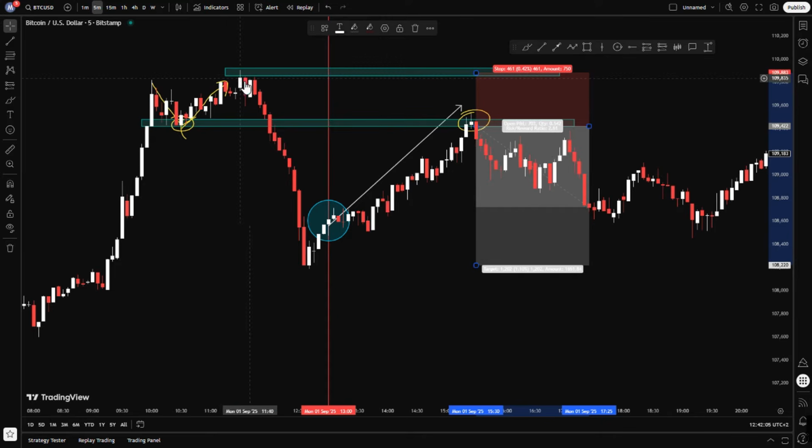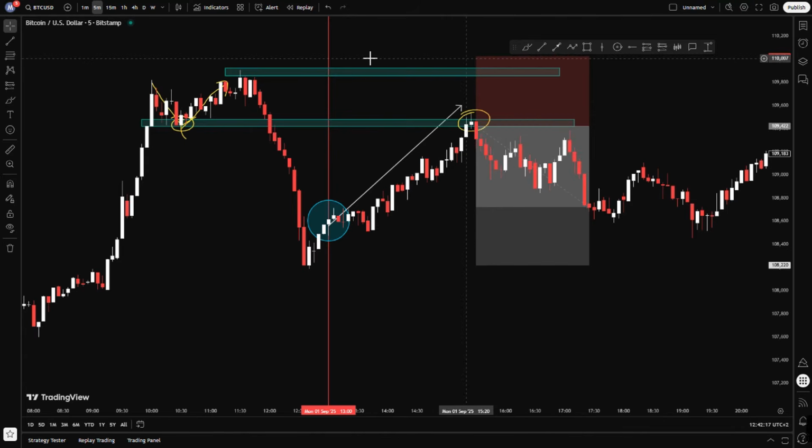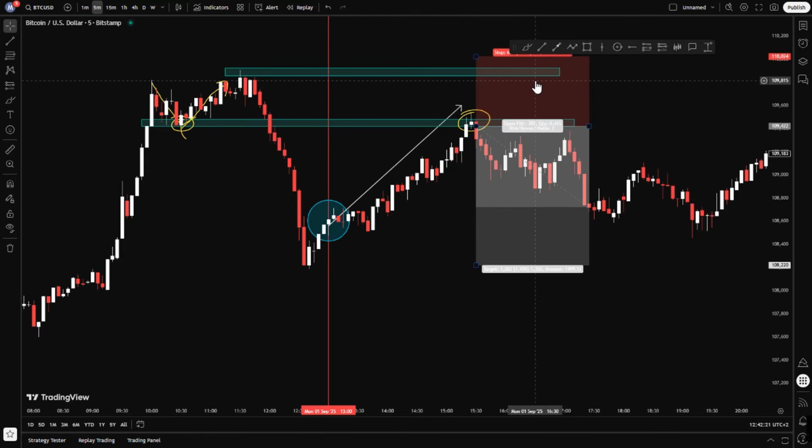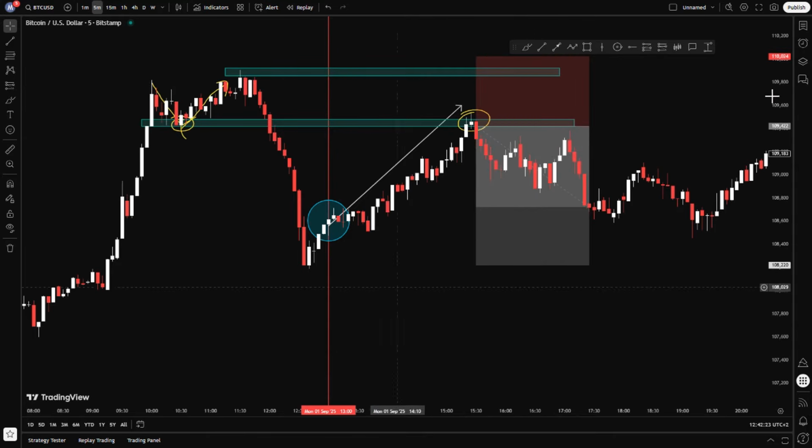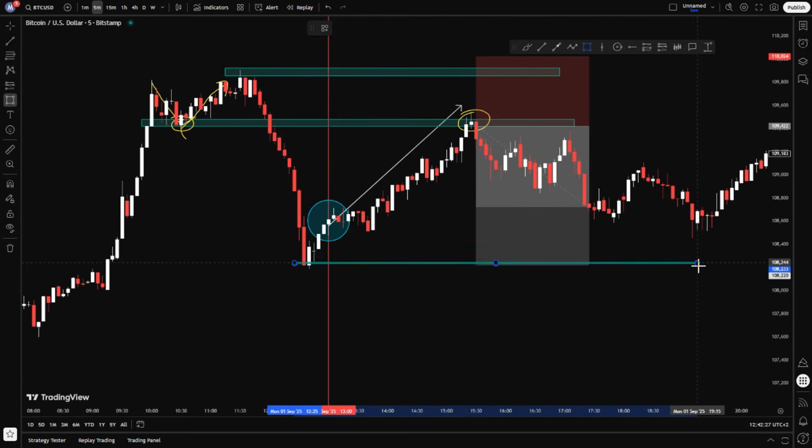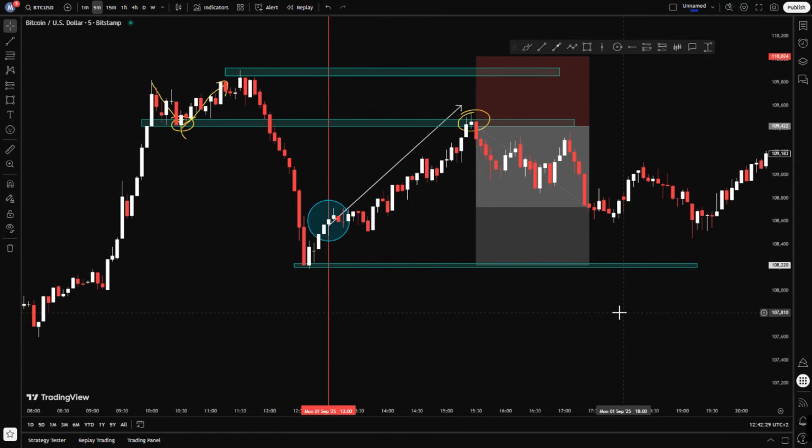We have this resistance zone up here, and we also have this resistance zone right here, meaning that when you enter here, you can put your stop loss just above the upper resistance zone to be on the safe side, okay? And now our target is going to be the support zone down here, right?